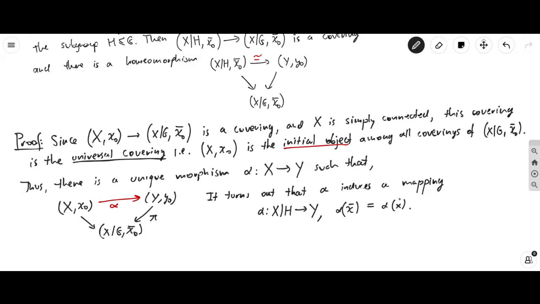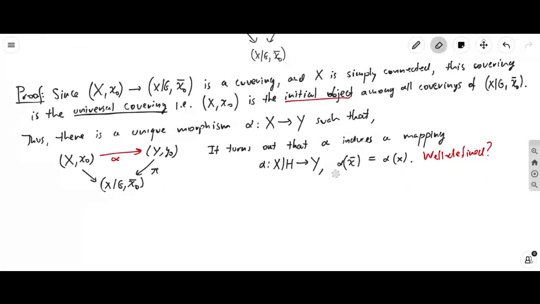Now, there is a question, of course: is this well defined? That's really the big question. Because when you define alpha on the class, you're choosing a representative for that class. What if you have a different representative? How do you know you end up in y with the answer being the same? So it does have to be justified.